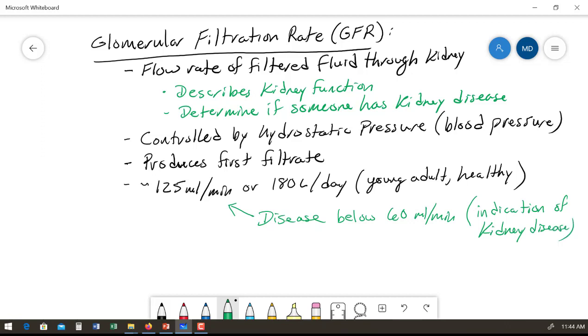Typically, you're going to see numbers like this in someone who's older, so this number becomes lower. So as you get older, your kidneys aren't as good at filtering. But we would look for numbers around 125 mils a minute. And they actually have ways of measuring this by putting things in your blood to take a look at your flow rate.